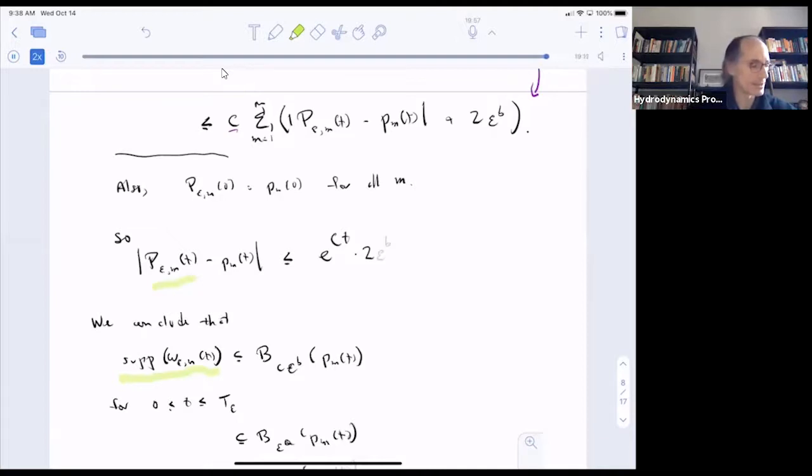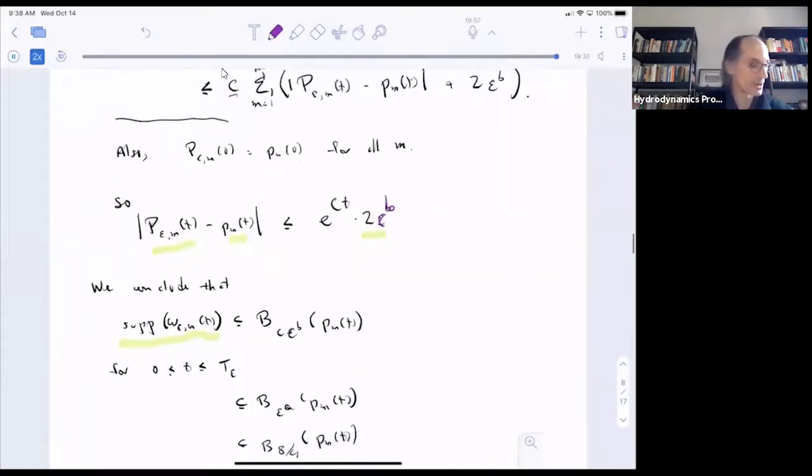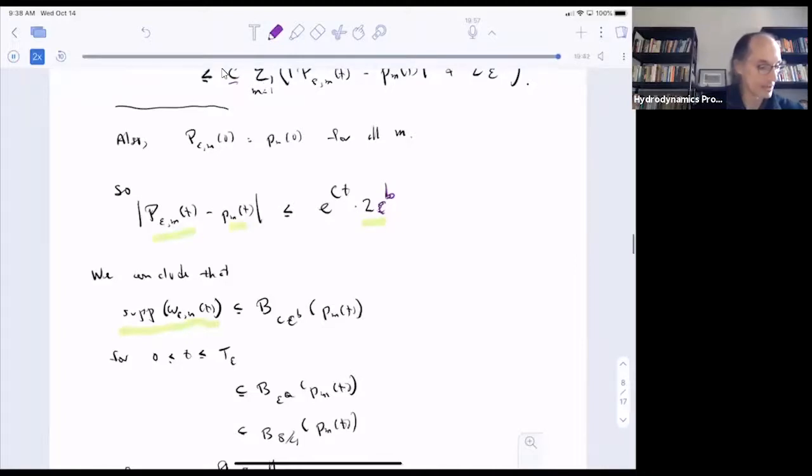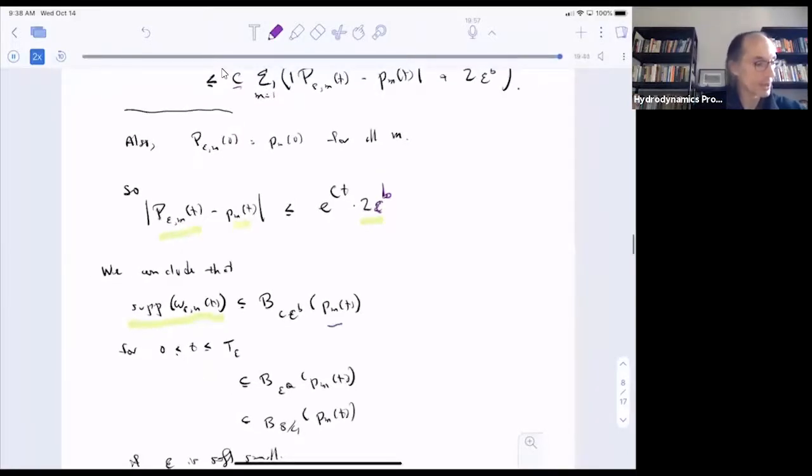And then in turn, the capital P's are close to little p's on this epsilon to the b scale. And so then the support is also contained in a ball of radius of order epsilon to the b around the trajectories given by the point vortex ODEs.